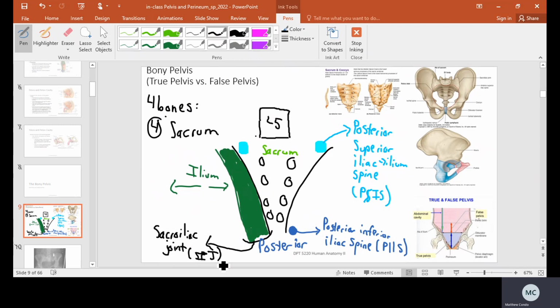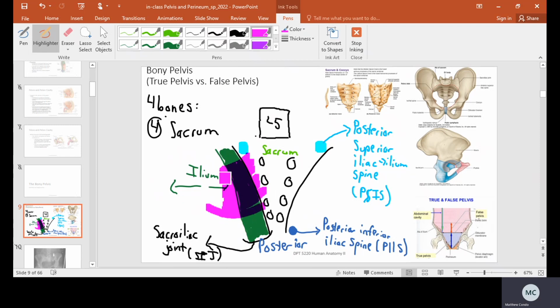Okay? Now, this is where this very, very dense network of ligaments comes in. What I'm going to see is two very wide, very thick, very dense ligaments. I'm going to see one that's going to come off the posterior aspect of the sacrum and attach into the ilium.